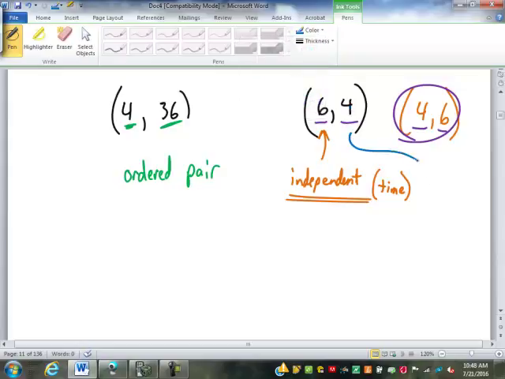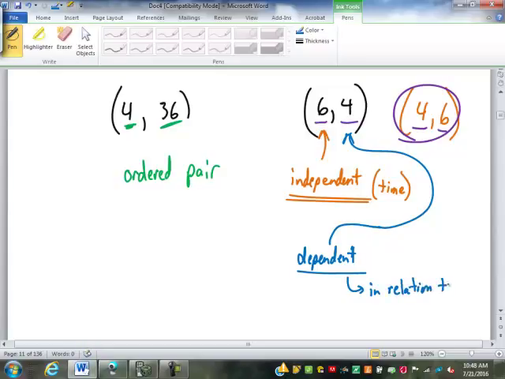The second number is what's usually called the dependent variable. The dependent variable changes because it depends on its relationship to the independent variable. The amount of personal time you get per year depends on how many years you've been there.